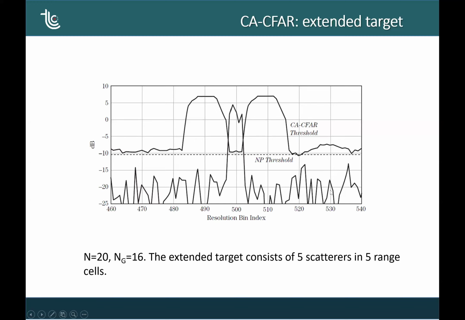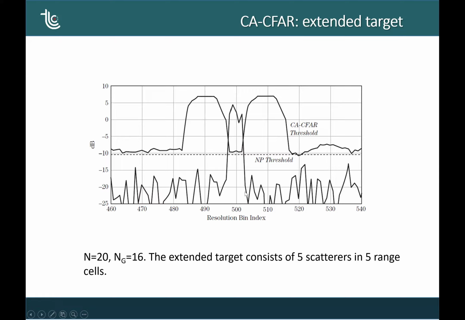Now, same situation, same target, but in this case, we use 16 guard cells, 8 before and 8 after, okay? So you see that we have again the behavior of the twin towers with the hole in between.